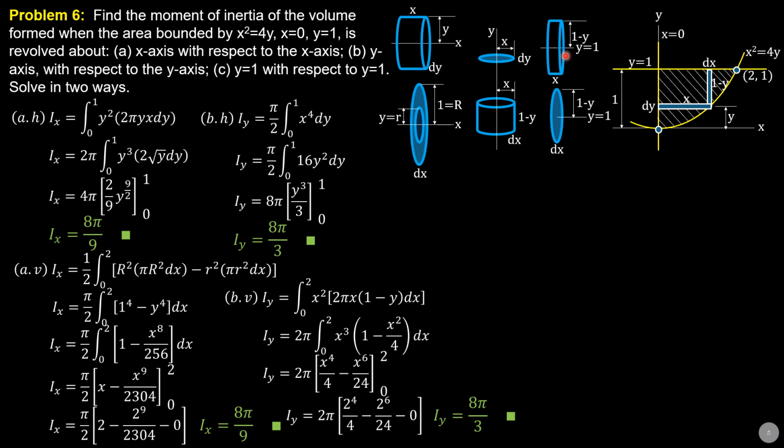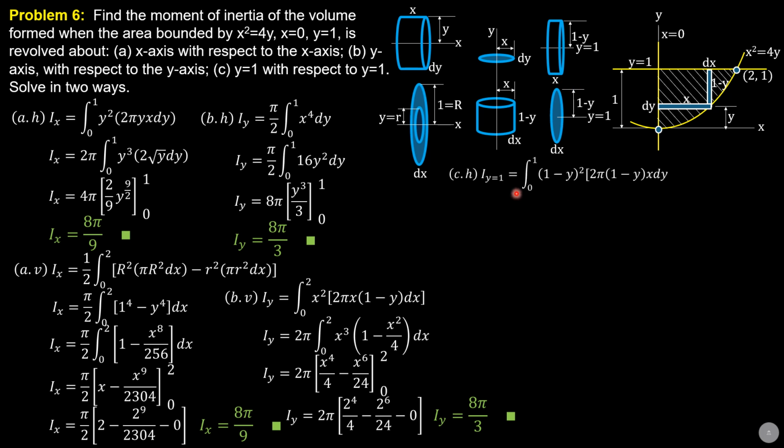So for this disk here, I with respect to y equals 1 equals the integral from 0 to 1 of radius squared, 1 minus y squared, then 2 pi times 1 minus y times x dy.